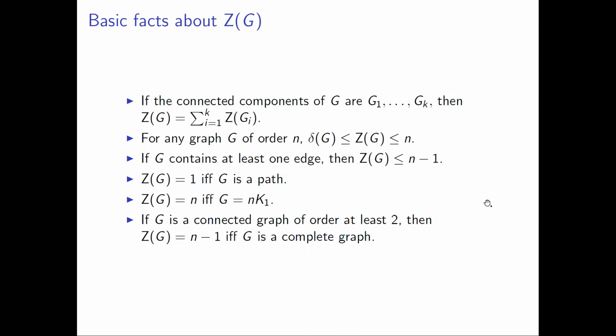So consider the initial set of blue vertices where we color every vertex in the graph except for u and v. Since the graph is connected, u and v are both going to get colored on the first step of the coloring process. So we just exhibited a zero forcing set of size at most n minus 2, which means that the zero forcing number is not n minus 1.